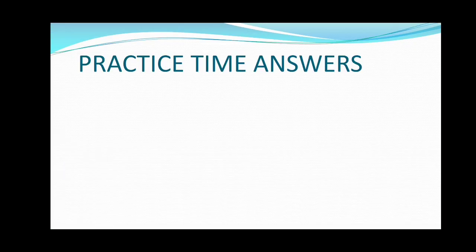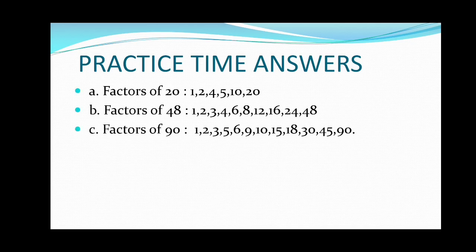Practice time answers. The factors of 20 are 1, 2, 4, 5, 10 and 20. The factors of 48 are 1, 2, 3, 4, 6, 8, 12, 16, 24, 48. And the factors of 90 are 1, 2, 3, 5, 6, 9, 10, 15, 18, 30, 45 and 90.